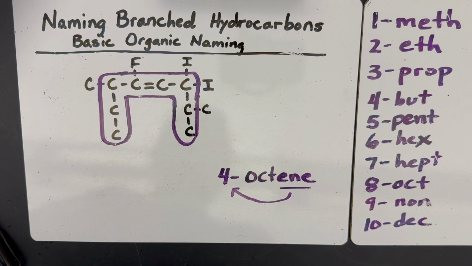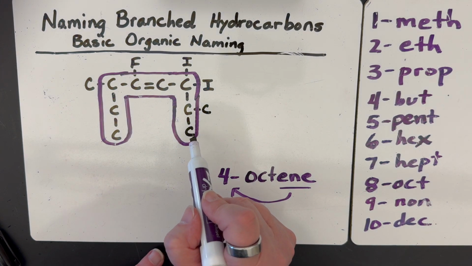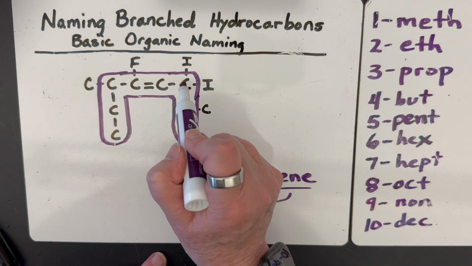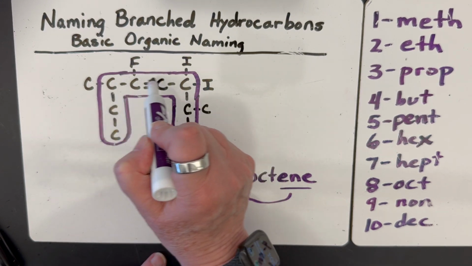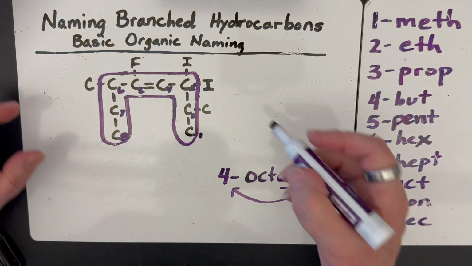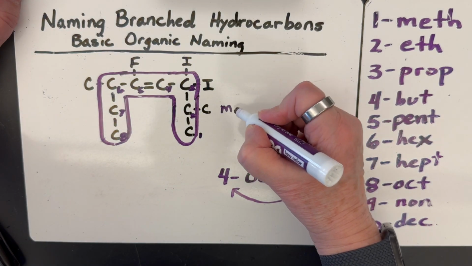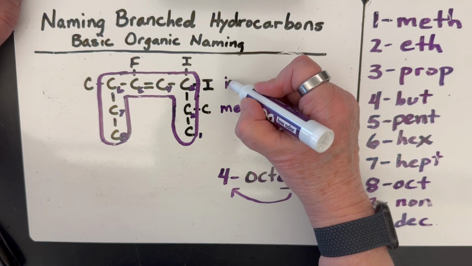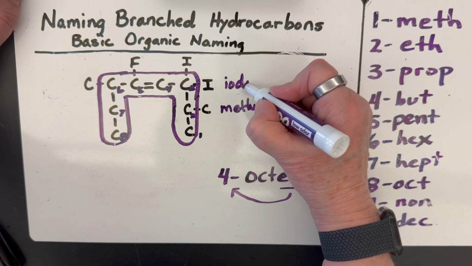Now if we look at this, we remember we're trying to keep the numbers as low as possible. I think it's pretty obvious that we're going to start with this being carbon 1, because it's closest to most of the side groups. So this is going to be carbon 1. We have a methyl. Iodine is iodo.